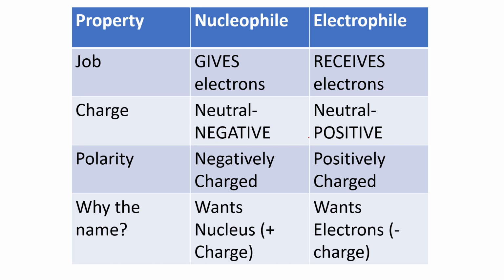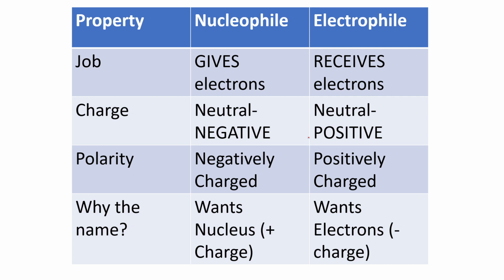Based on the properties, you must know what is a nucleophile and an electrophile. So what is the job of a nucleophile? Its job is to give electrons. The charge of a nucleophile can be neutral to negative. The polarity is always negative, and it is named a nucleophile because it wants nuclei, so it wants to gain a positive charge.